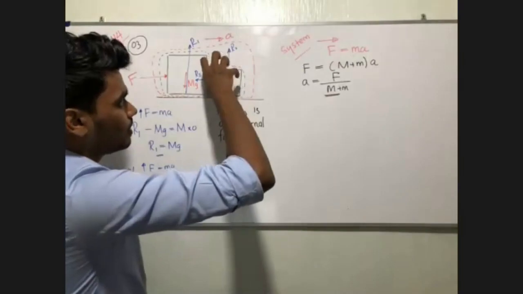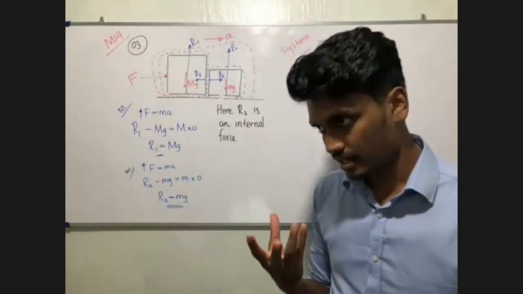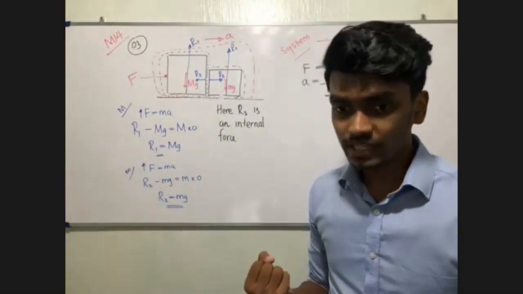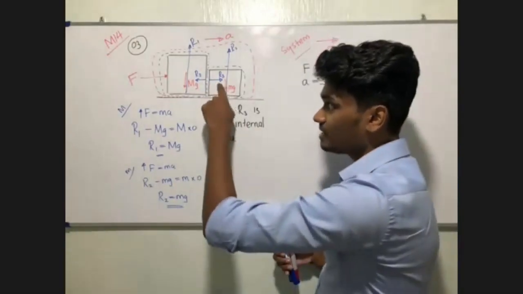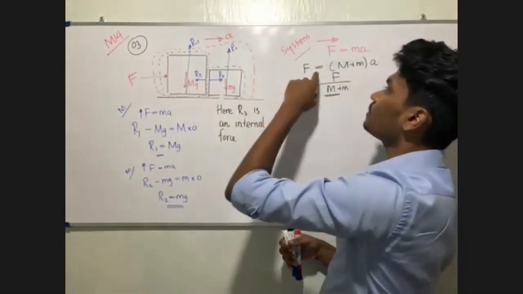Now what we need to find is R3. In order to find R3, if we consider the system, R3 is not going to come into the equation.